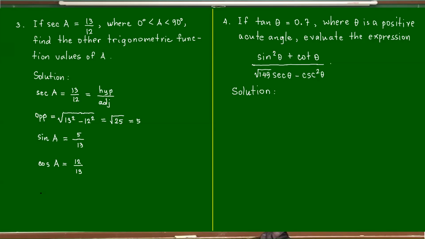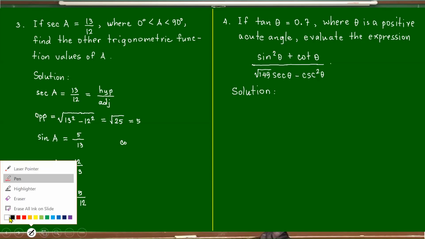Then tangent A is 5 over 12, opposite over adjacent. The remaining two are cosecant and cotangent. Cosecant A is 13 over 5.